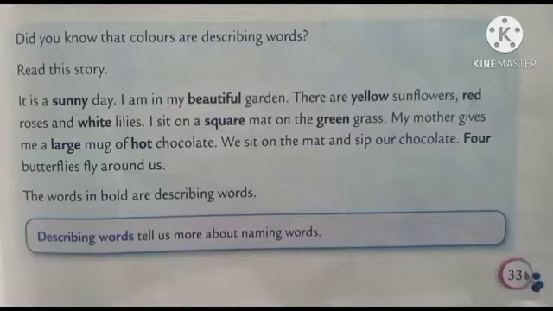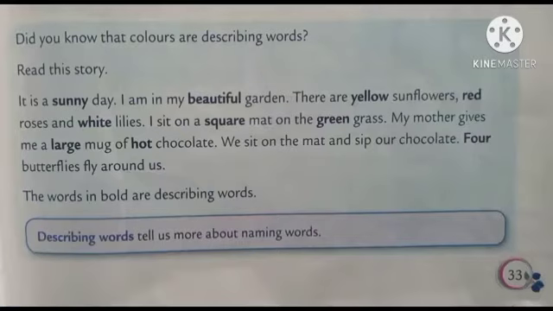There are yellow sunflowers, red roses, and white lilies. I sit on a square mat on the green grass. My mother gives me a large mug of hot chocolate. We sit on the mat and sip our chocolate. Four butterflies fly around us.